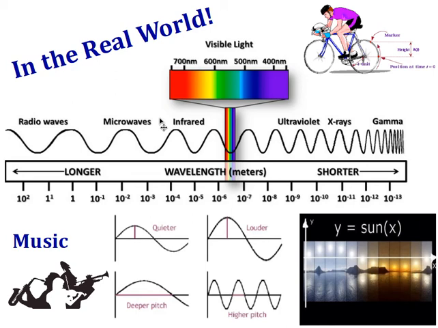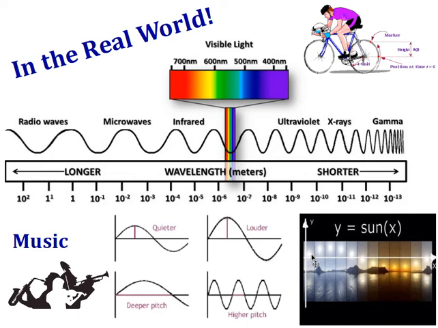Radio waves, microwaves, infrared waves, gamma, light on the light spectrum, positions of time for wheels and bicycles, music and how you can make things quieter or louder, deeper or higher pitch for my vocalists and my musicians, even in nature with the sun and the moons. These functions can be found absolutely everywhere.